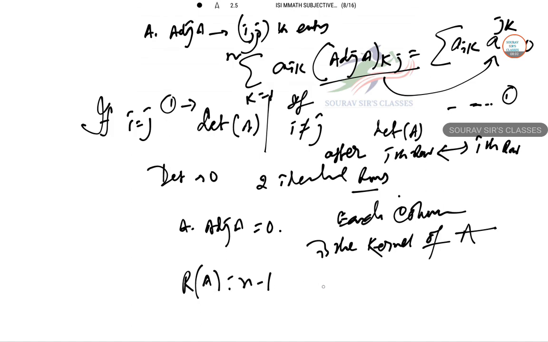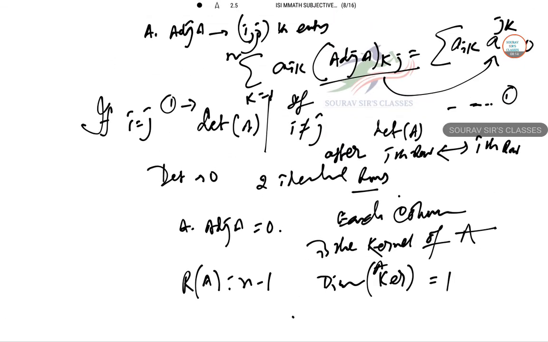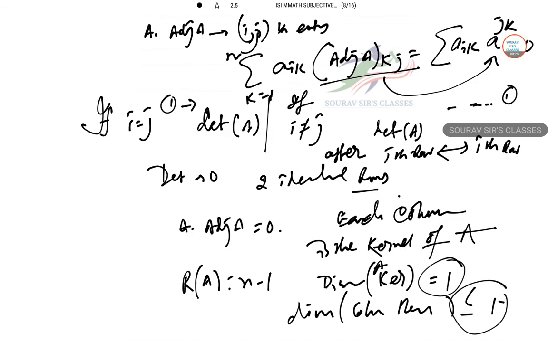Hence the dimension of the kernel of A is 1, and the dimension of the column space is less than or equal to 1. So obviously this proves that the rank of the adjoint is 1. That's the answer.